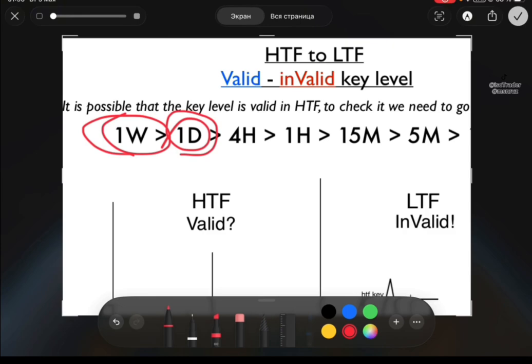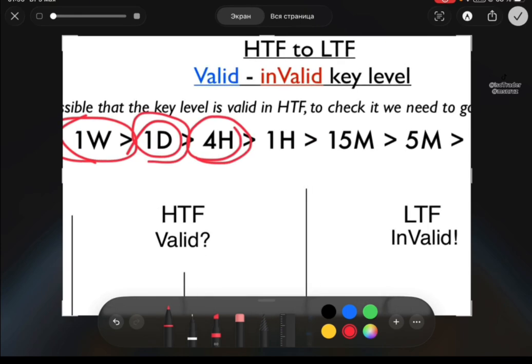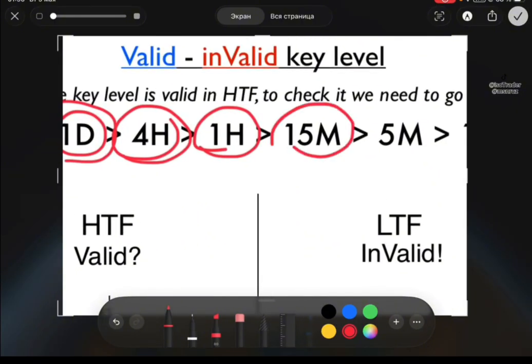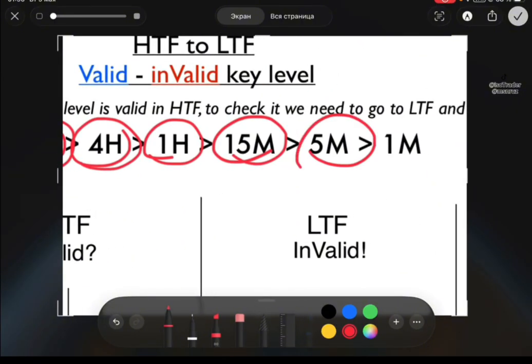After checking the 1 day, we switch to the 4 hour. And after the 4 hour, the 1 hour, and then the 15 minute, and the 5 minute, and the 1 minute. In other words, by making the time frame smaller like this, we will be able to more accurately identify our entry zones and our exit zones as well.